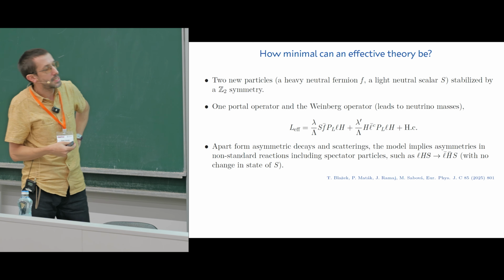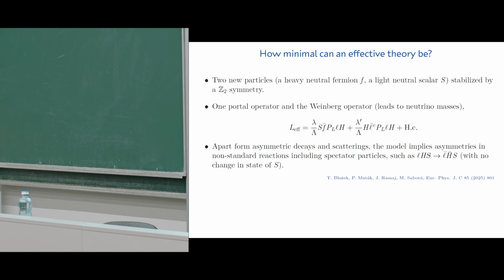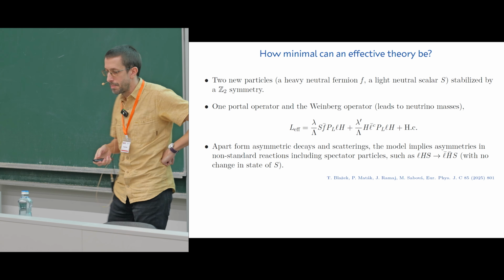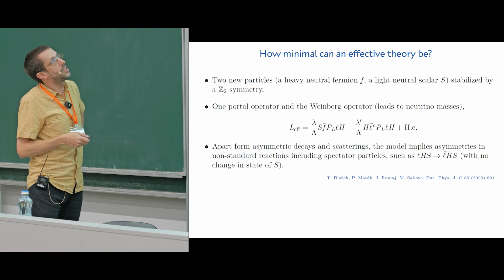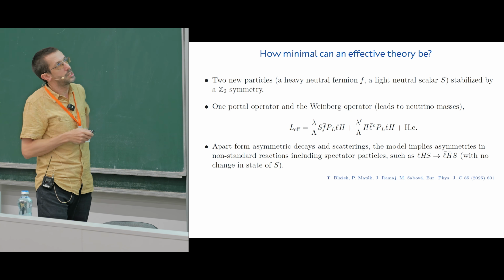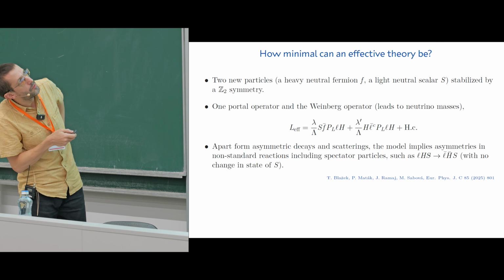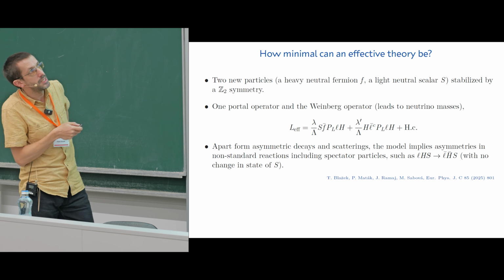And what is interesting in this case is that what people were used to do when dealing with the asymmetric reactions were just decays and, in a very low number of papers, also asymmetric 2-to-2 scattering reactions. But in a natural way, in this model, even so simple a model, we showed that it is necessary to include some peculiar or special reactions, like the 3-to-3 reactions, where the state of scalar S remains unchanged.